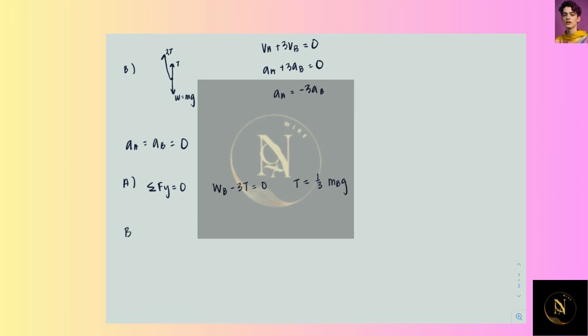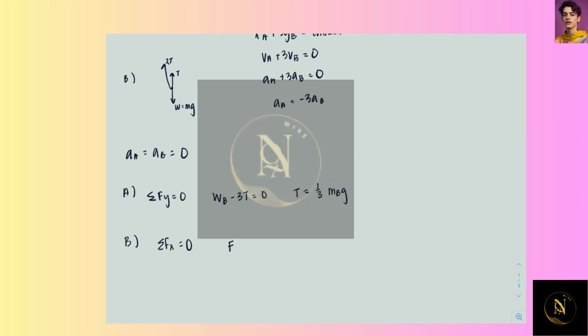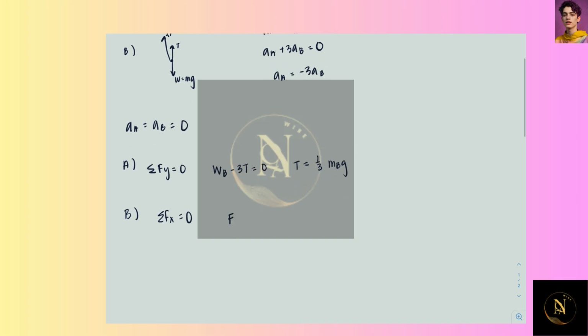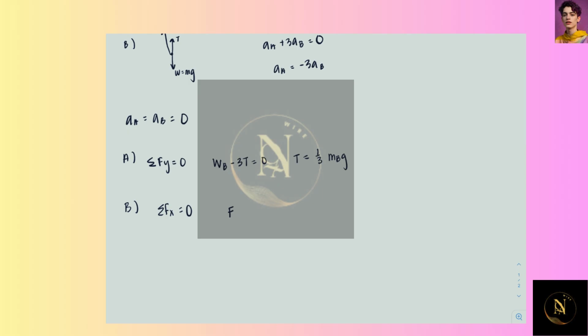And then for A, we have the sum of the forces in the x set equal to 0, which will mean that we have the force of friction minus T set equal to 0.